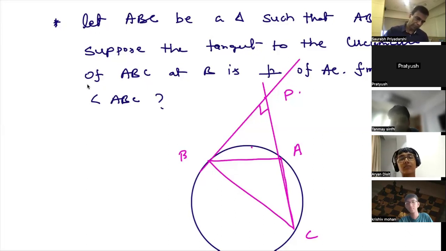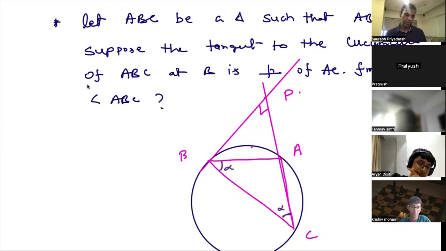See, everyone. Let this angle be some alpha. So 100% this angle will be alpha. Now it is given AB is equal to AC. We know by the property that if this is the tangent, this angle must be equal to this one. So this one is again alpha.